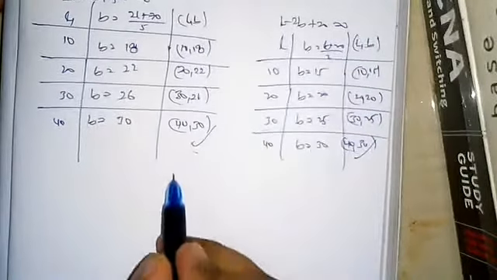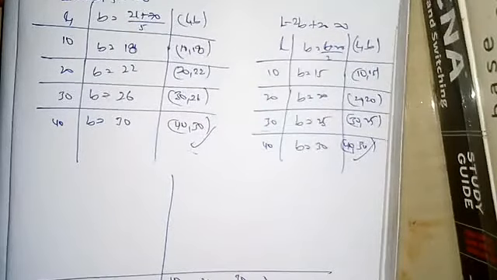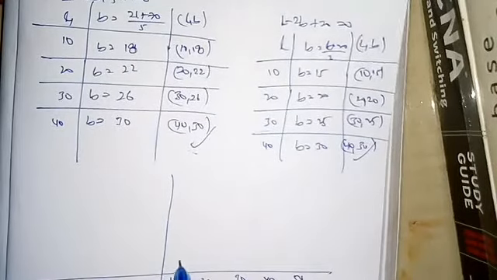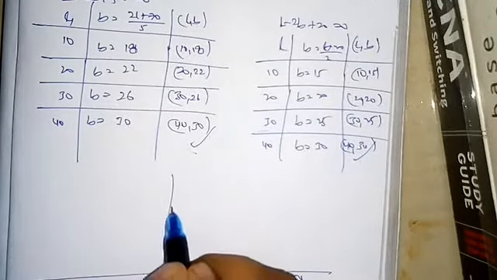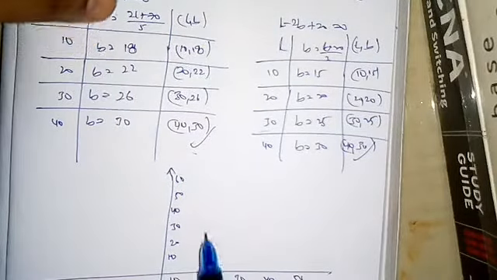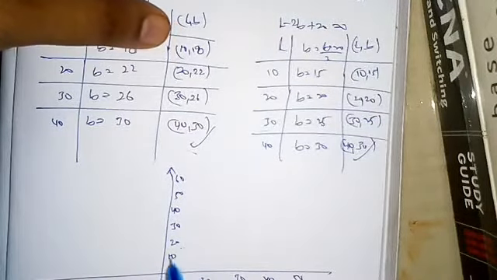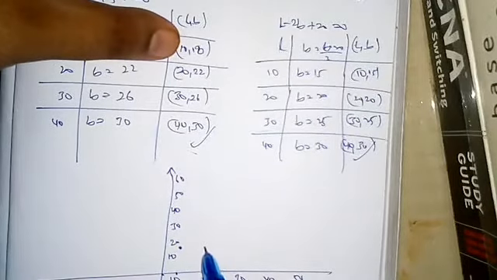Now let's plot this graph. 10, 20, 30, 40, 50. This is 10, 20, 30, 40, 50, 60. Let's plot the points. First point is 10 comma 18, somewhere here. Next is 20 comma 22.